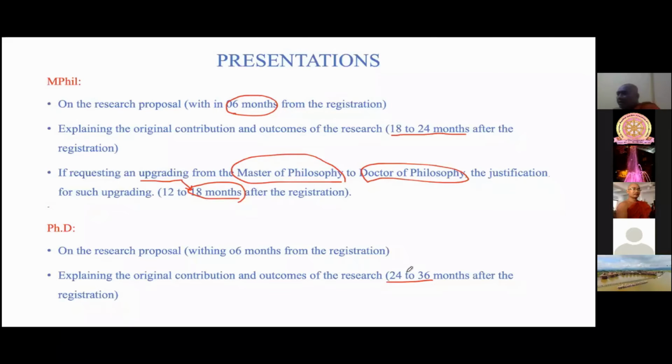Otherwise, mostly Myanmar students do an MA program for 1 year, then apply for M.Phil, start our research from M.Phil level, then try to upgrade our research from M.Phil level to PhD level here.